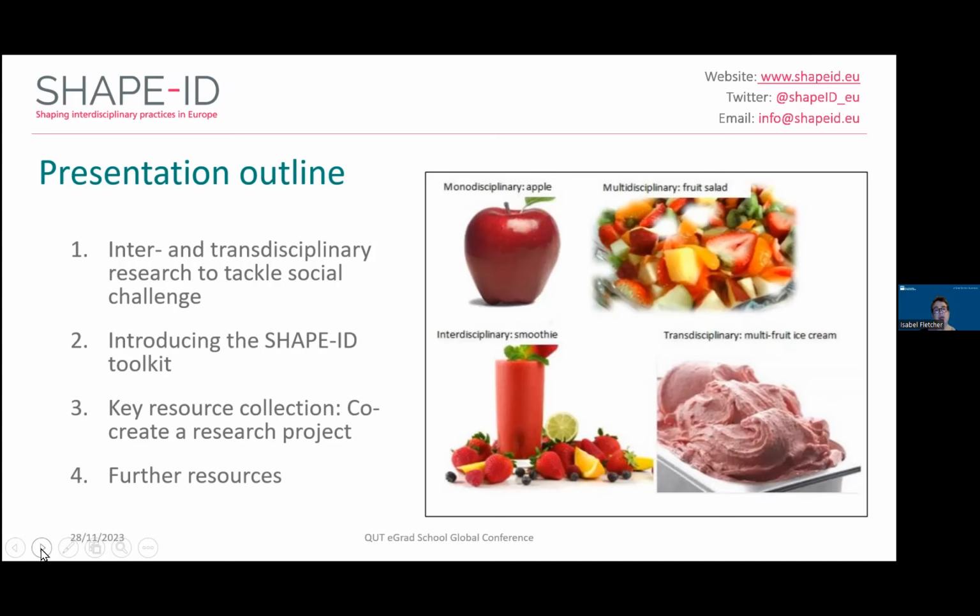I'm going to give you a brief introduction to the Shape ID toolkit and why I think it might be useful for you. I'm going to talk about one key resource collection, which is co-creating a research project. There are others that I think are relevant that I will highlight, but this one I think will be most useful to people attending this workshop. And then I'm going to mention a further resource that you might be interested in.